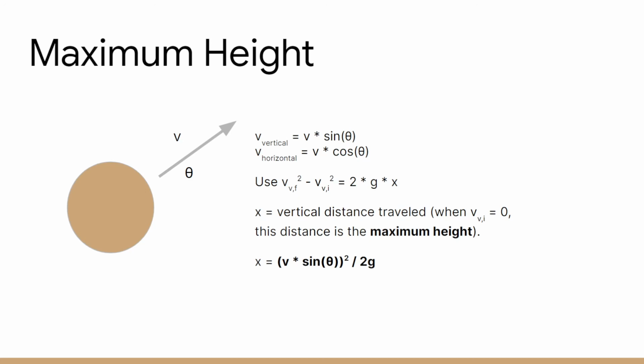Okay, well at this point, all we need to do really is divide both sides by 2g, and we end up getting the total distance vertically traveled, aka the maximum height, which is going to be v squared sine squared theta over 2g. That's how we can find, in a matter of minutes, the maximum height of this projectile.